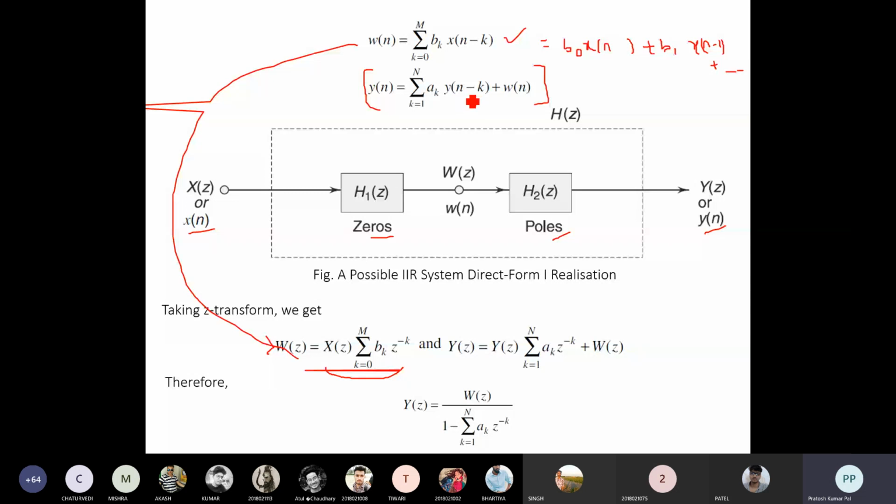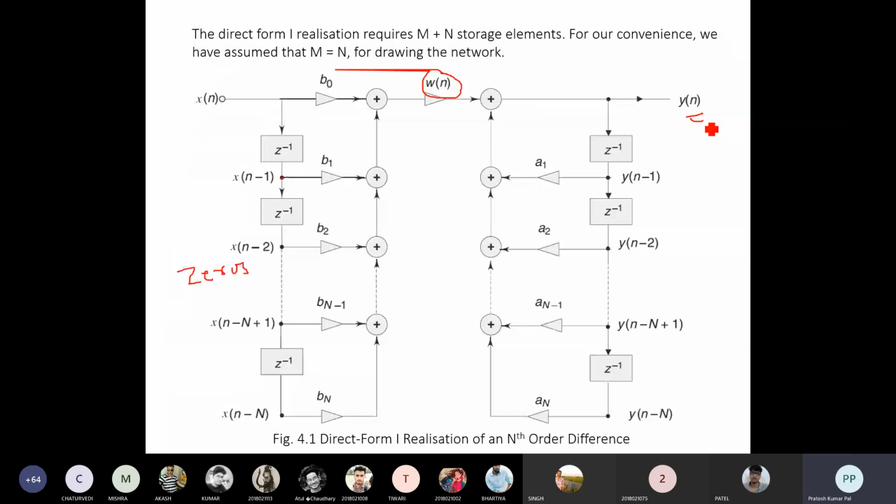So these two inputs will be there, and the output will be y of n. The input is w of n, so it will be added, plus the output obtained. This output is itself a delayed version of the output. So this output will be delayed once, and y of n minus 1 will be there.